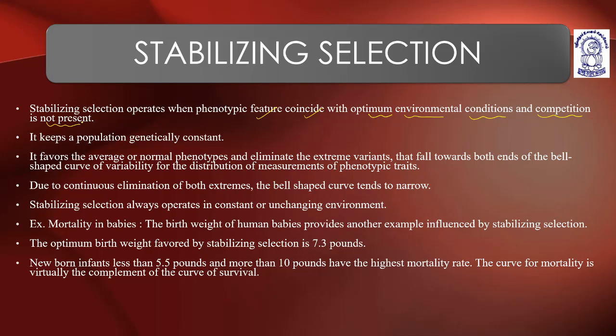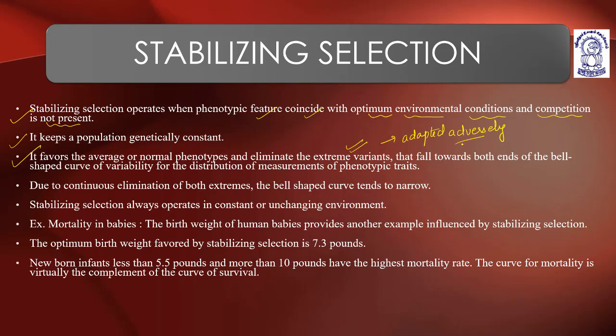It keeps the population genetically constant, with all the characters mostly resembling in all of them. It favors the average or normal phenotypes and eliminates the extreme variants, whether adapted adversely.